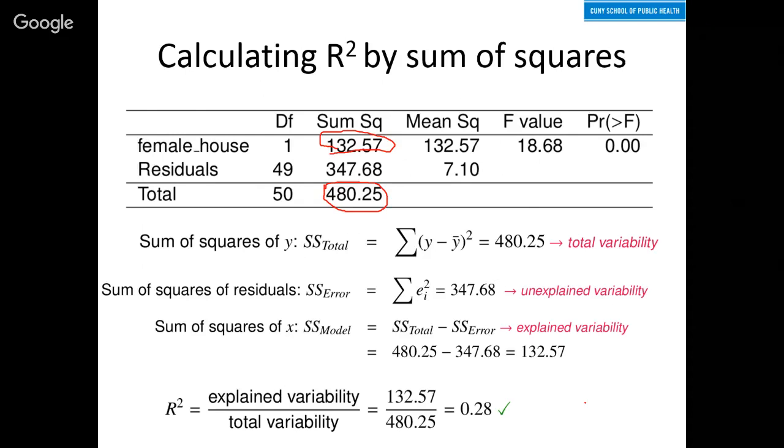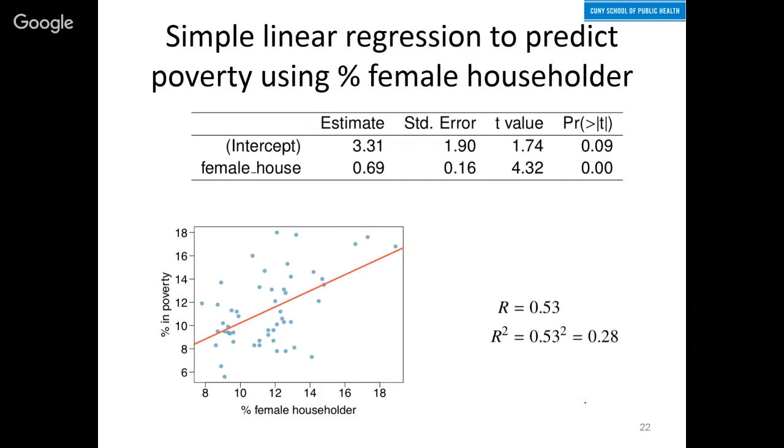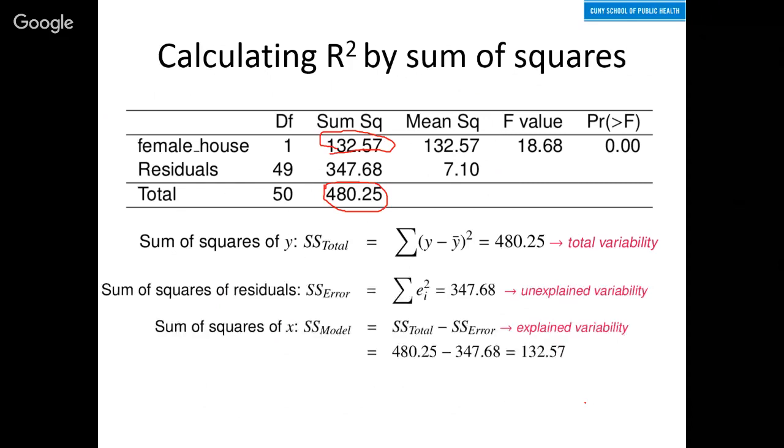We take the square root of that, 0.28, we should get, what did we have here? This 0.53. And that's easy to go between those because this is just a simple linear regression.